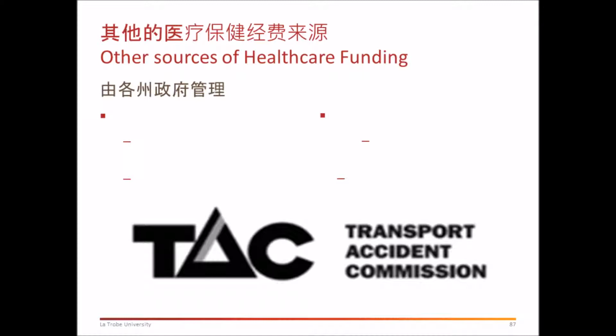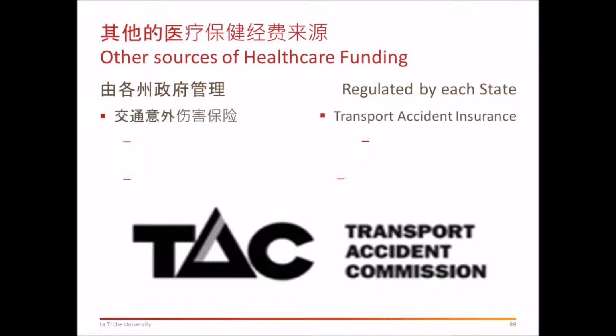Another source of health care funding: if you're involved in an accident on a roadway in each state, your health care will be funded not through the Medicare system but by transport accident insurance. These are usually state-based, and so they've got a different name in every state. In Victoria, it's called the Transport Accident Commission.